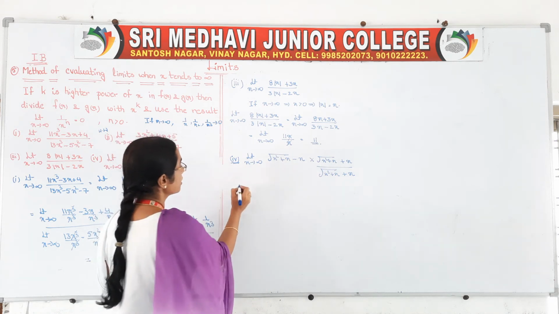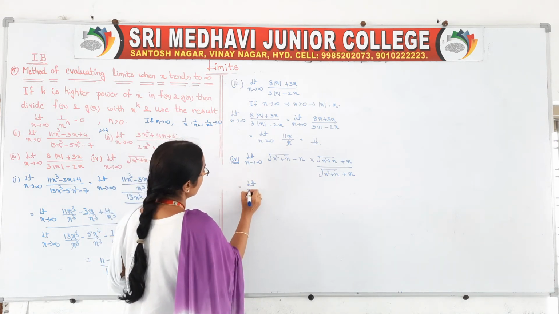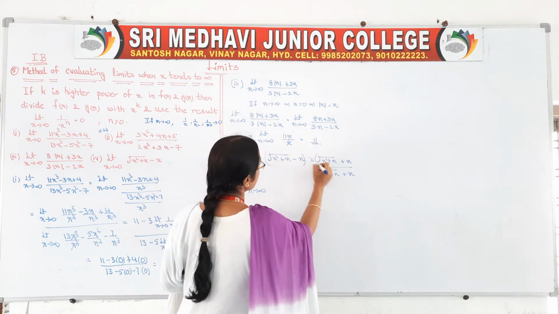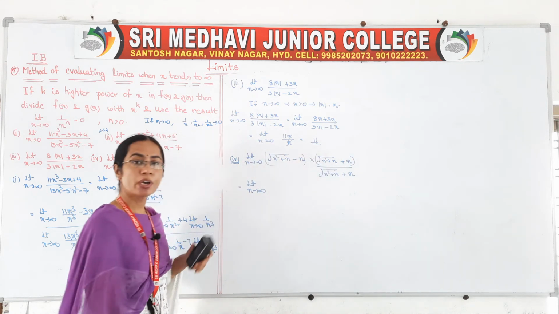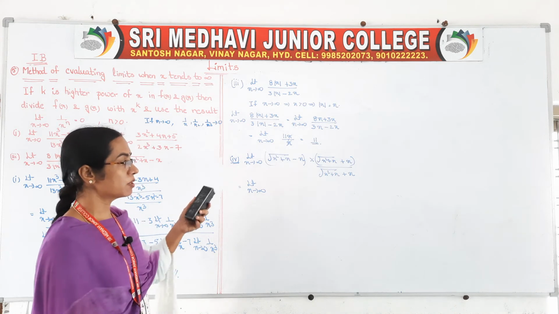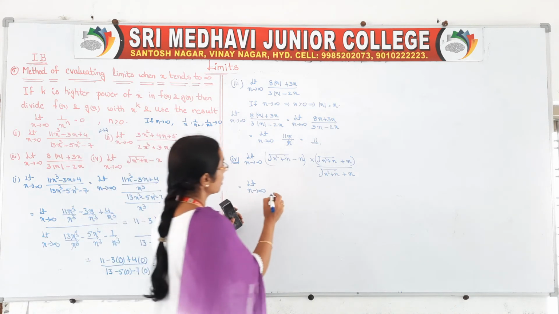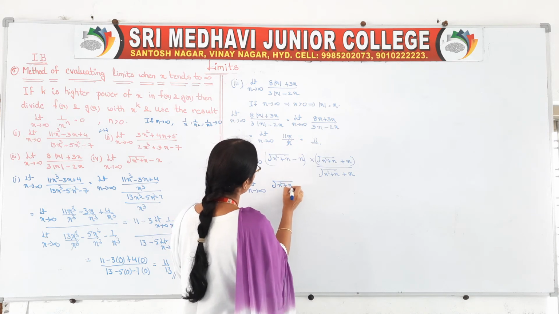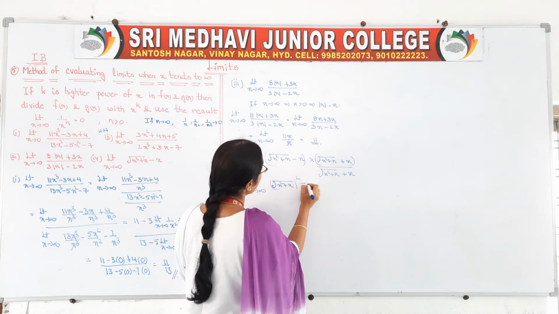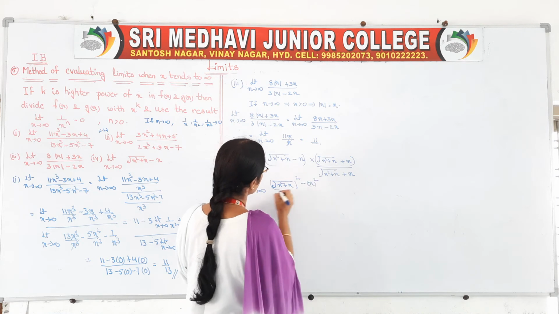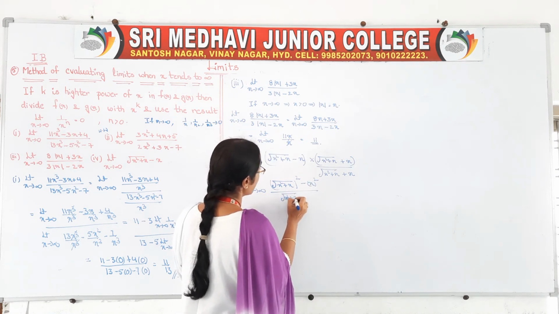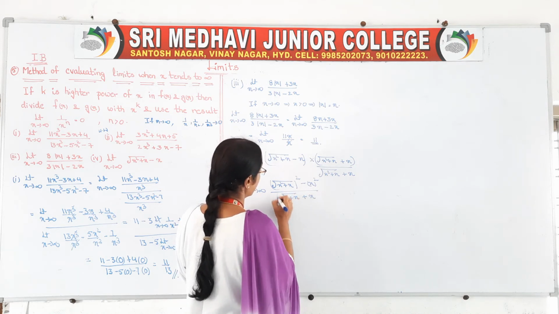Okay, so is equal to limit x tends to infinity. If you observe, this is a minus b into a plus b form. A minus b into a plus b is a square minus b square. So we can take x square plus x whole square minus x square by root of x square plus x plus x.